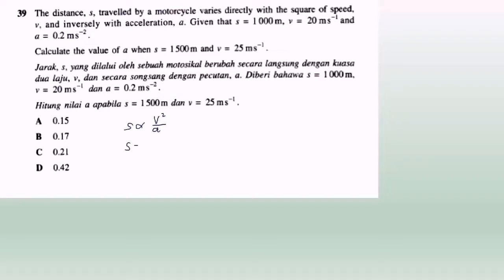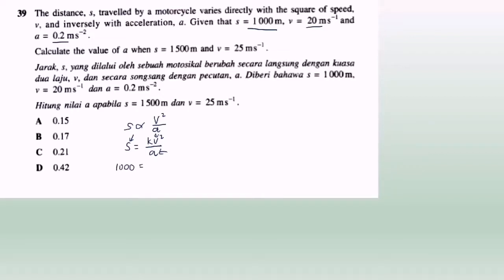Okay, write the equation s equals k v squared over a. So you need to substitute the values of s, v, and a. Then you find the value of k. So s equals 1000, v equals 20, and a equals 0.2.